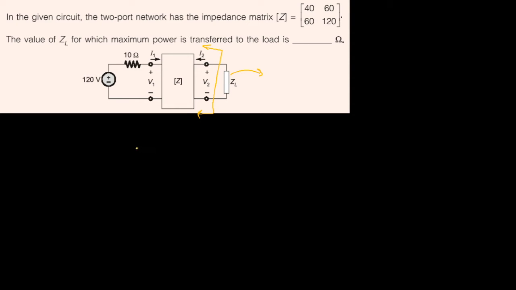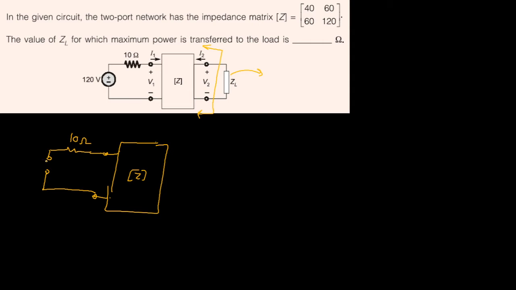For calculating that value, I am just redrawing this circuit with the load disabled, because we want to calculate the RTH, and for that we should disable the load. If there is a current source, we open circuit it, and if there is a voltage source, we just short circuit it.